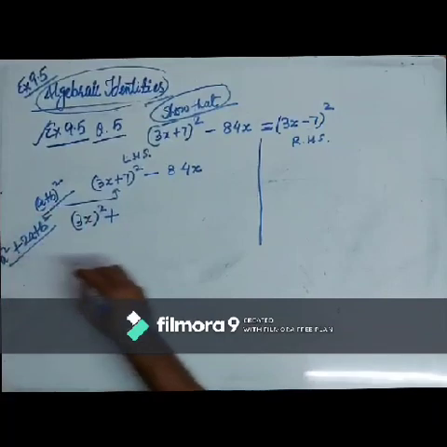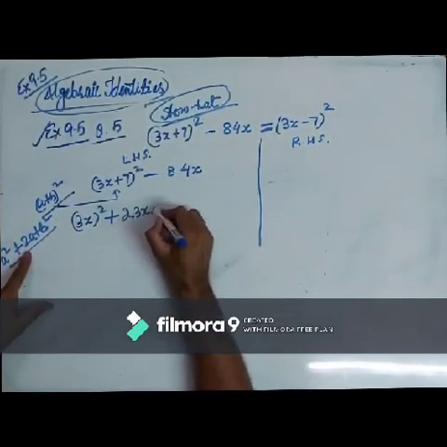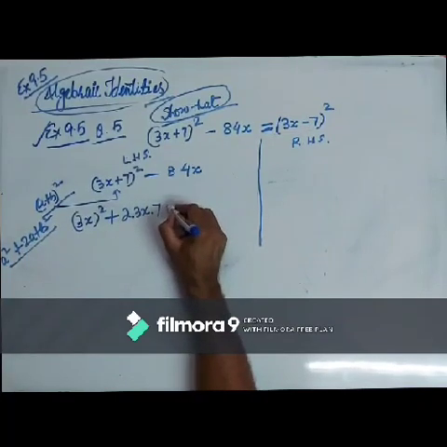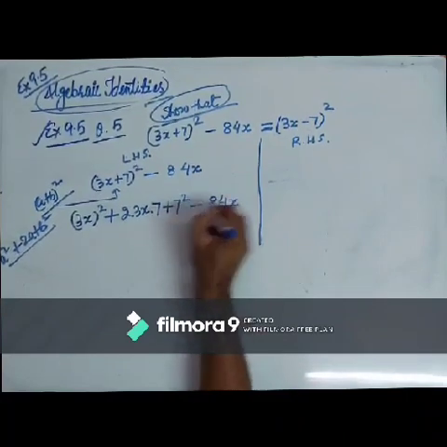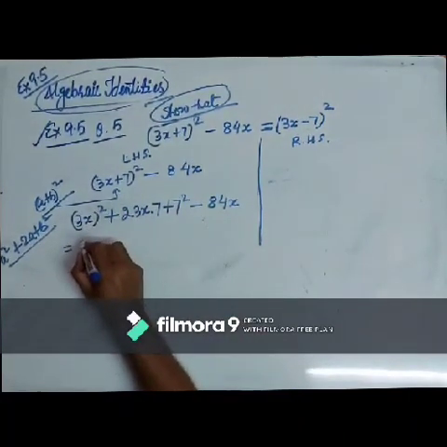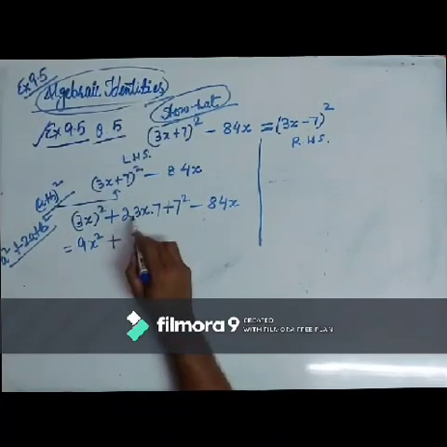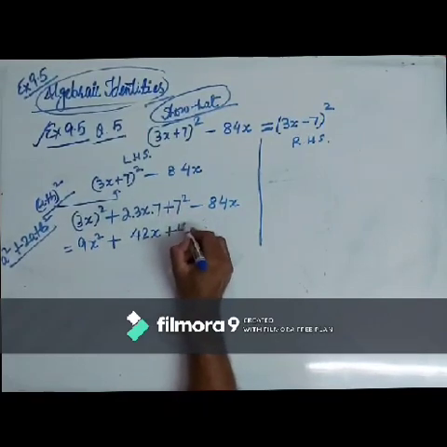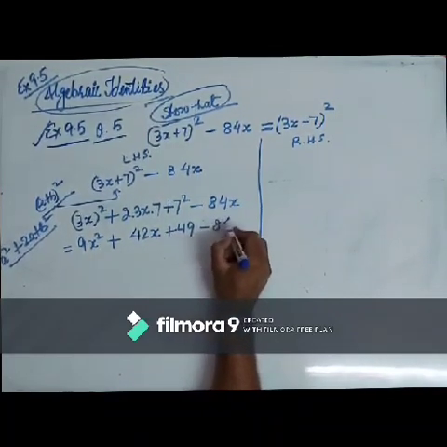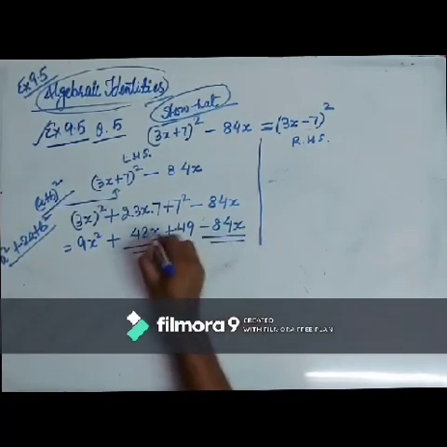So this is plus 2 into a is 3x, into b is 7, and plus 7 square, that is b square, minus 84x. So this can be rewritten as 9x square plus 3 2s are 6, 7 6s are 42x plus 49 minus 84x. So 84x has a negative sign, 42 has a positive sign.